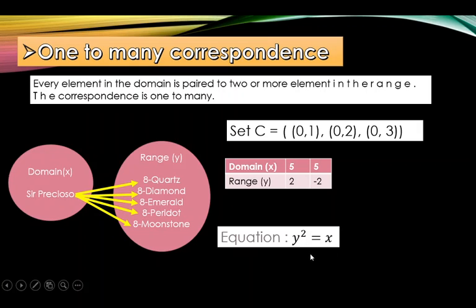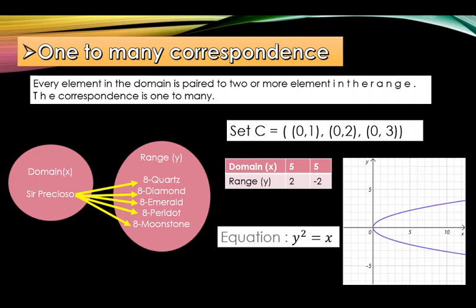So we have one-to-many. That is an equation. And if the equation is like this, ang y natin ang may exponent na 2, that will be the graph. So take a look at the graph. The graph is a parabola opening to the right. Pwede rin yung kabaliktaran yan, papunta naman sa left. That is an example of one-to-many correspondence.